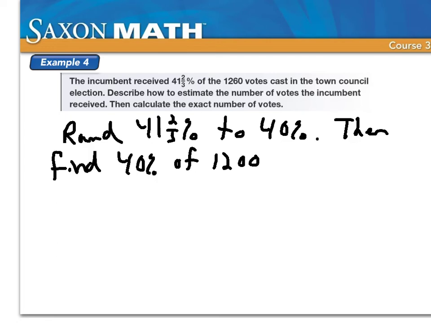And that would give us about how many votes. But this says we want to calculate the exact number of votes. So we're going to take 41 2/3%. Of means times 1,260.